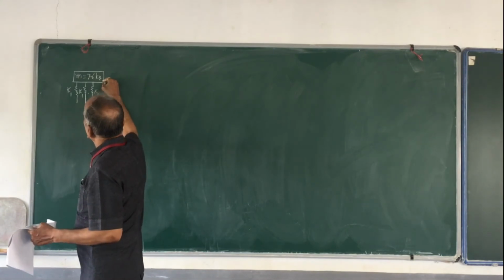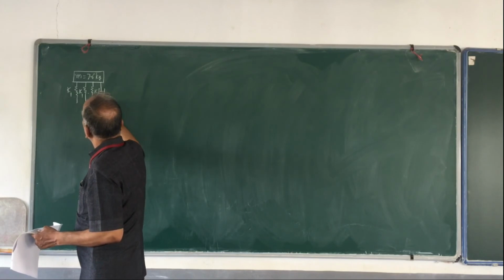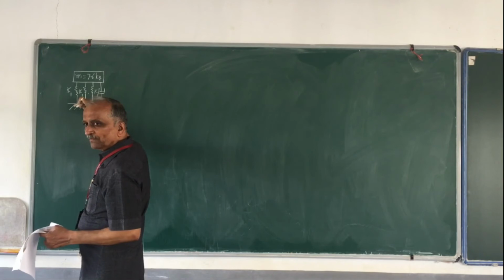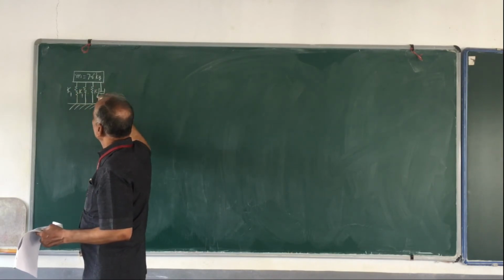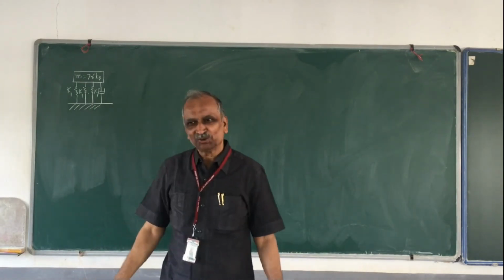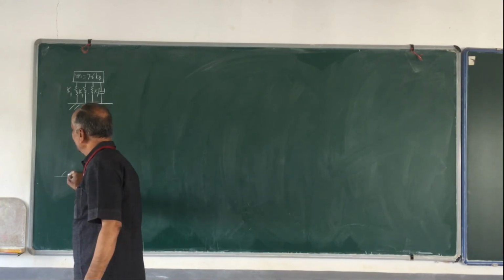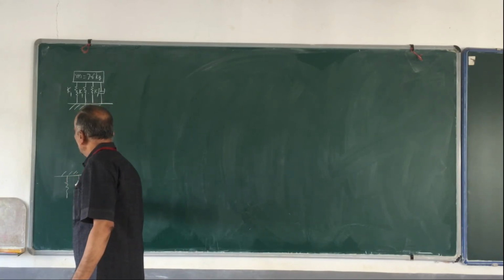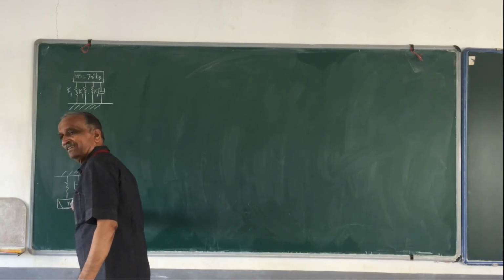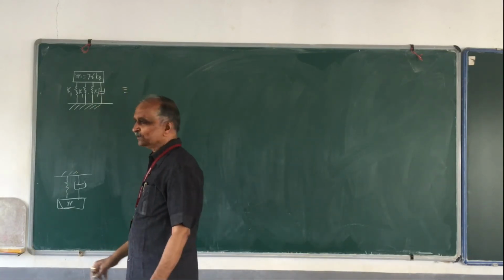Then you also have one dashpot. This is the ground, and there are 3 springs. Normally we have the inverted diagram; both are one and the same. Normally we have one spring and one mass, and this is how the mass is. The first thing, I don't want to have 3 springs.